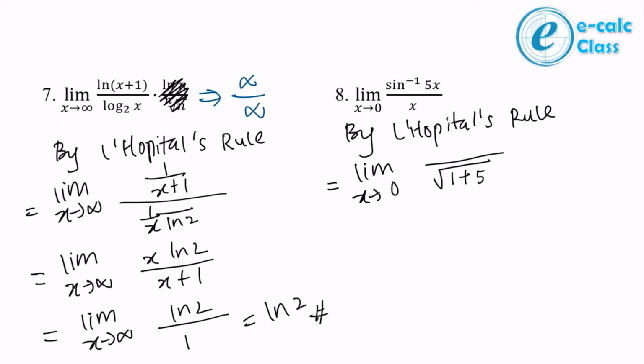Oh, it's a minus, sorry, 1 minus 25x squared. Am I right? Then times the derivative of the inside, which is a 5. Then if you put in 0, actually it doesn't matter because this will be 0 anyway. So it will just be 5 over 1. So the answer will be 5. Finish.